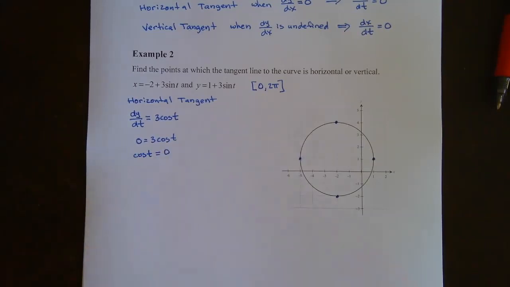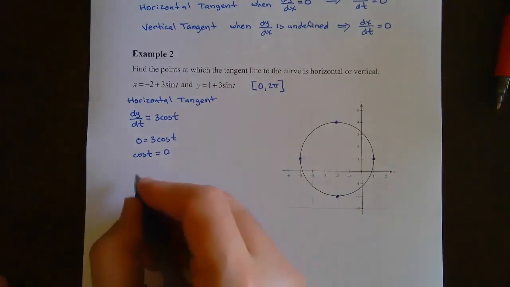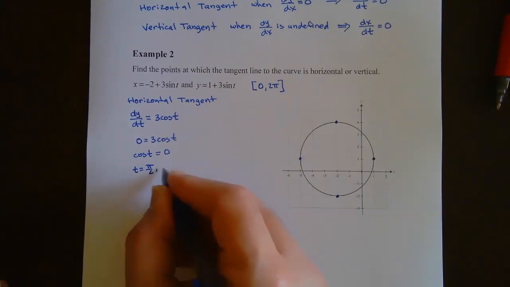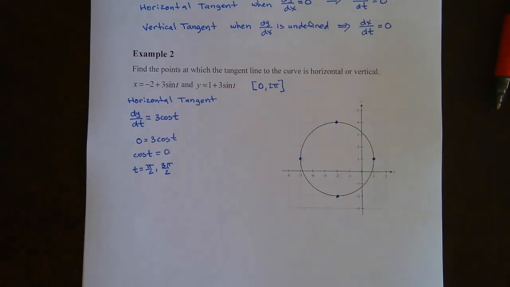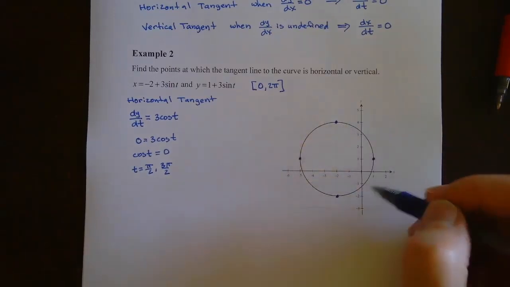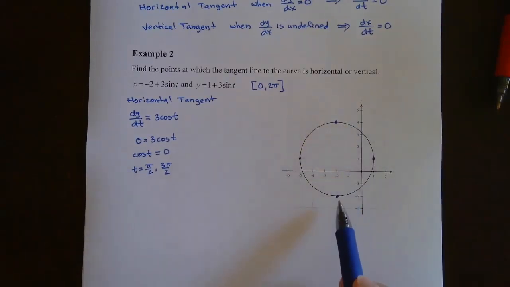And when is the cosine going to wind up being 0? At what angles? Well, t is equal to pi over 2 and 3 pi over 2. Those are the times in which this is going to happen, right? But what are the x and y coordinates? It should happen that we get negative 2, 4, and we should also get negative 2, 2.